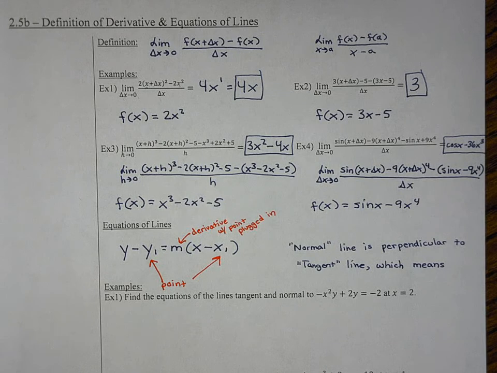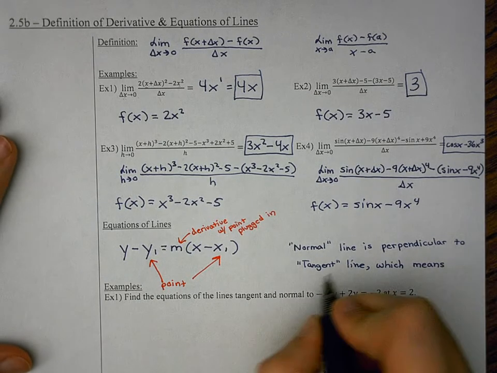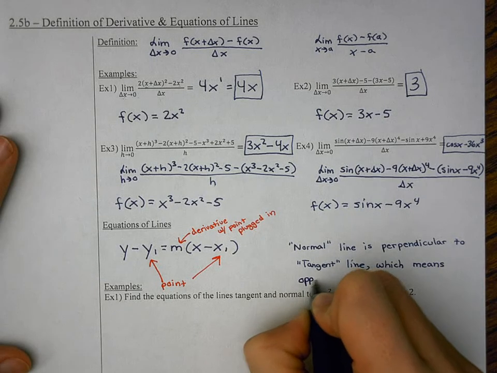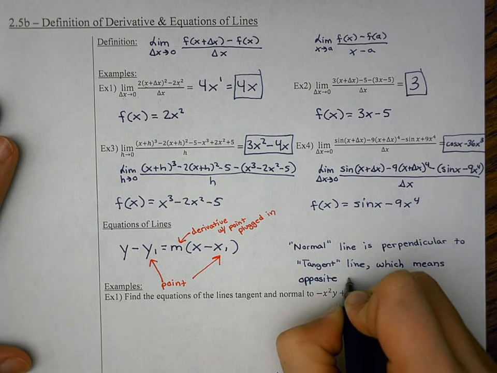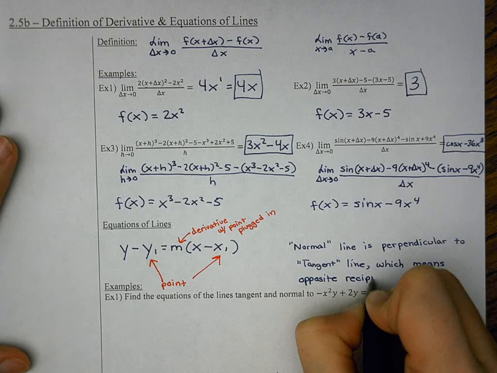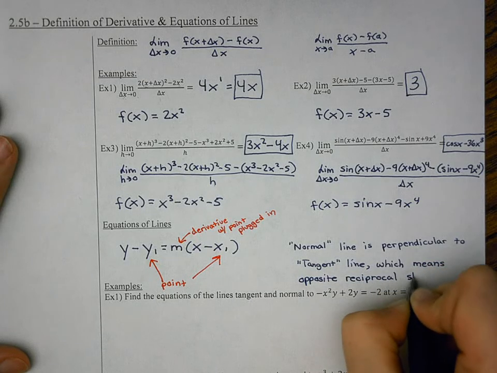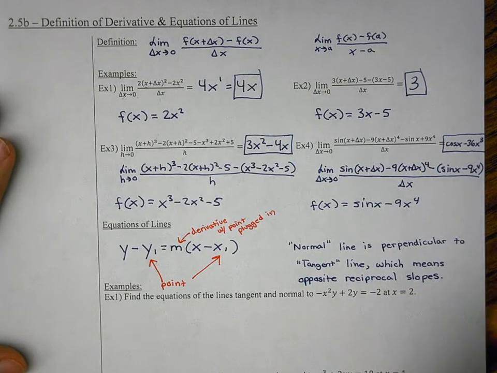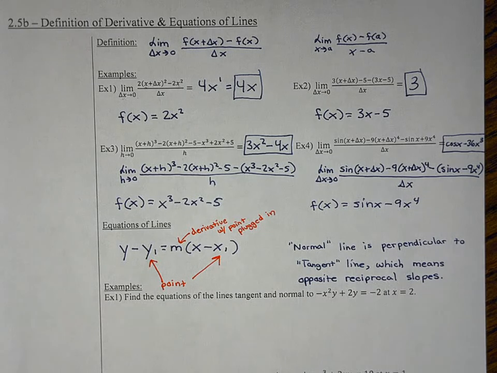You remember? They're opposite reciprocal, which means opposite reciprocal slopes. And we're going to practice both in the 4 examples below, so that you can see that difference, make sure we really are good with what normal means.